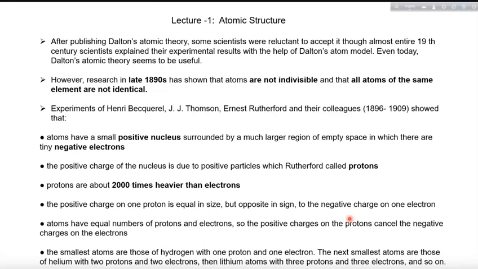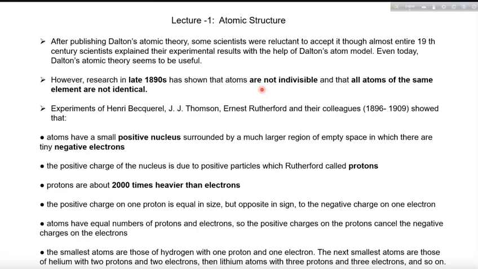Next, Dalton's atomic theory I also discussed a little bit, but you see, even today, Dalton's atomic theory seems to be very useful. In the late 1800s, it was shown that atoms are not indivisible and that all atoms of the same element are not identical. That was the drawback of Dalton's atomic theory.